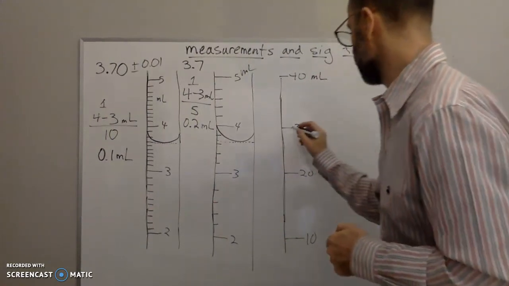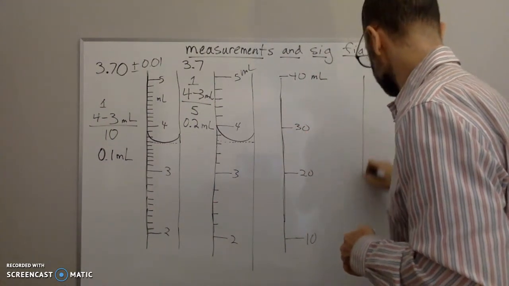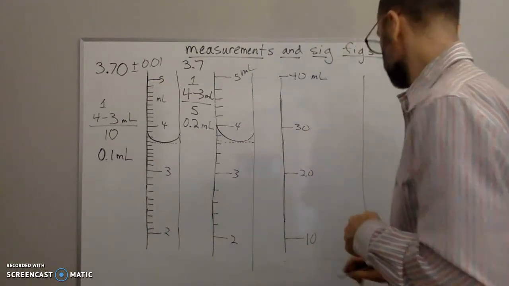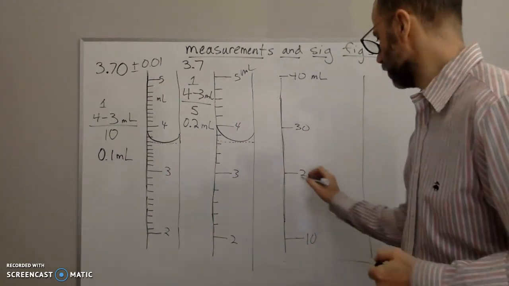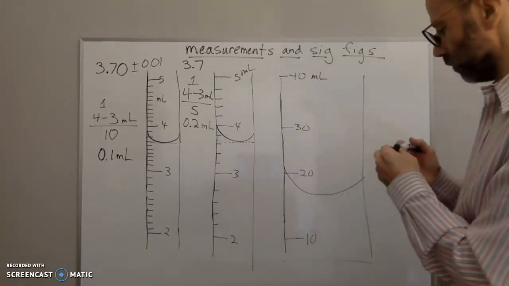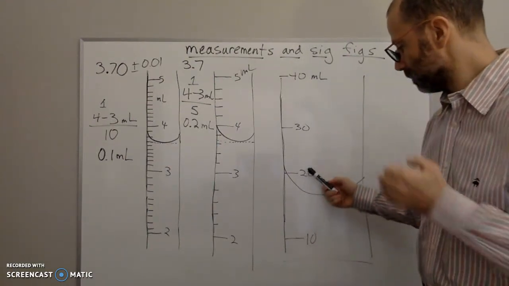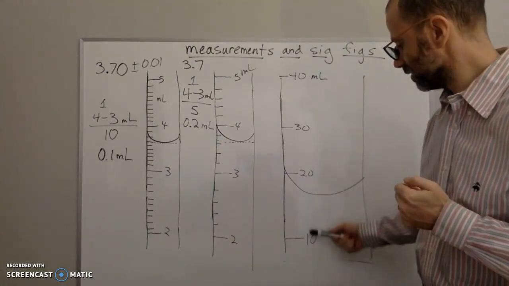So again, here, let's say this is my beaker. This is a really narrow beaker, and so if my meniscus is like this, right? So it's here. I can mentally divide because this is the difference in 10.